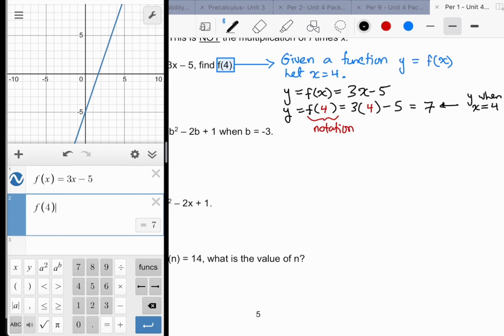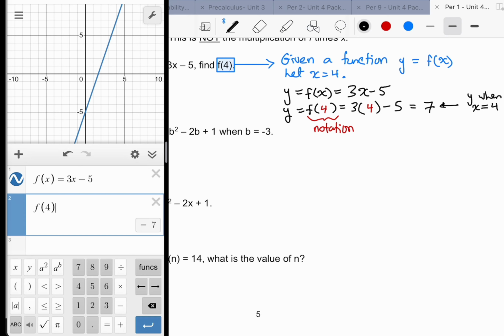This part nobody ever likes, because what this does is it begs the question of why'd you make this so complicated? Because if I tell you that the y value is 7 when the x value is 4, isn't that the same as saying that the coordinates are 4, 7?